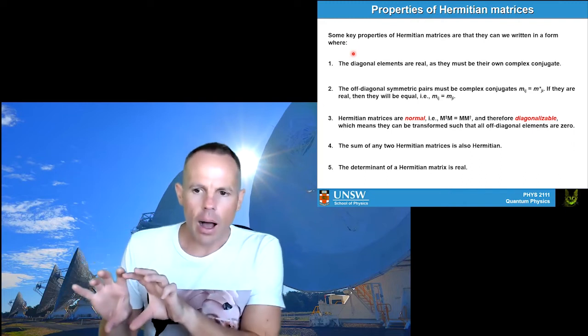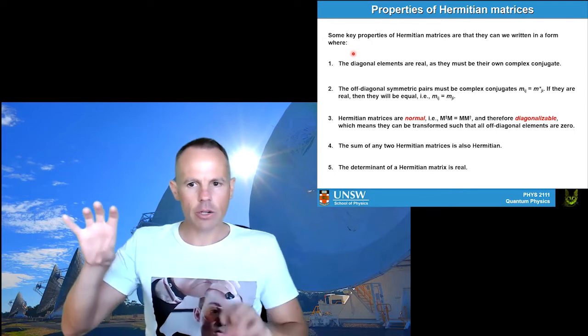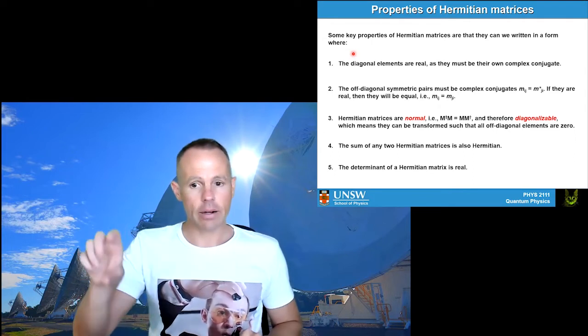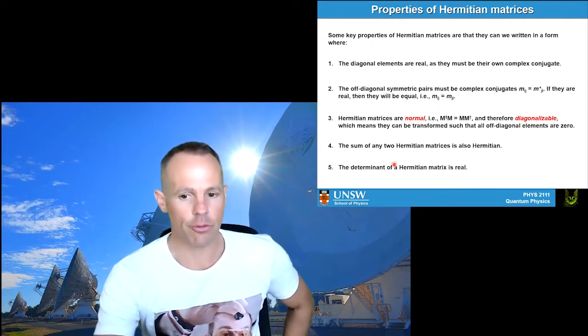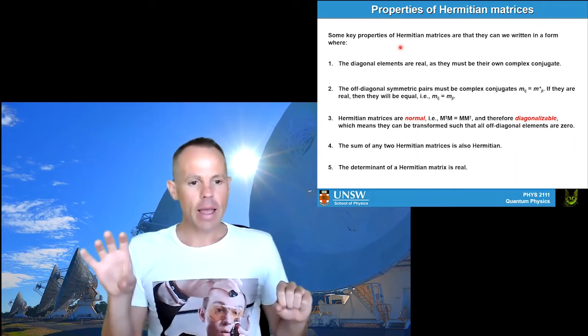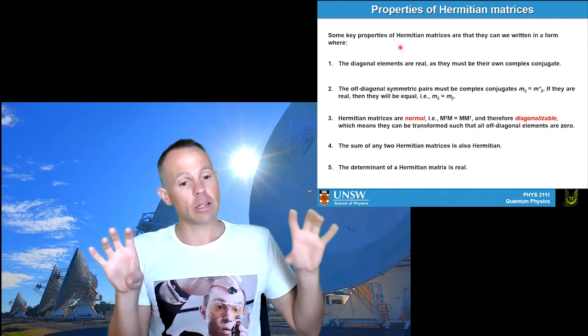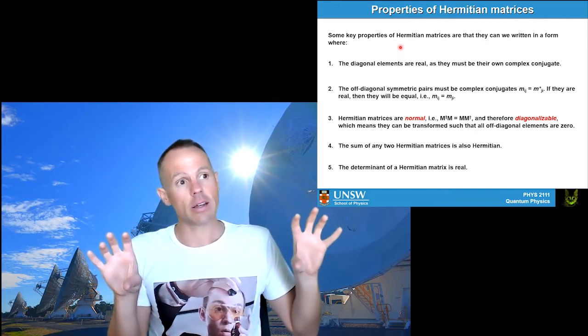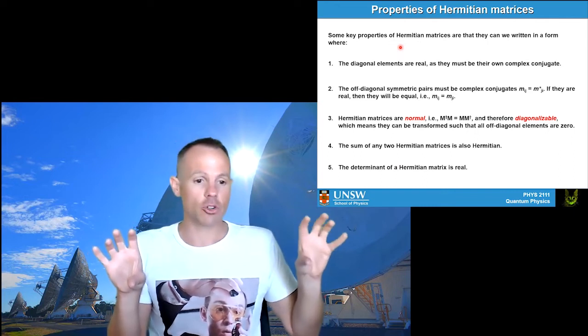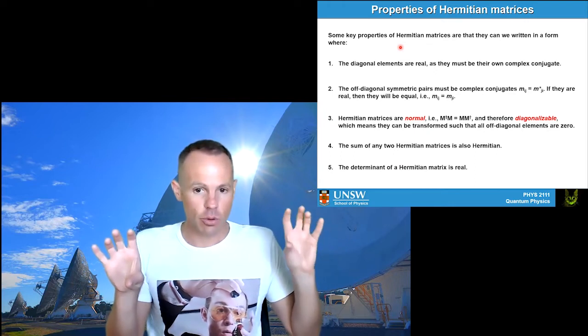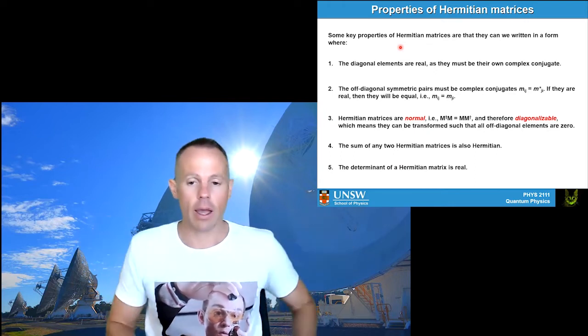What that means is that a matrix that is Hermitian may sometimes be in a form that doesn't make this obvious. That doesn't mean it's not Hermitian. It just means that it hasn't been transformed to a version where you see this yet.